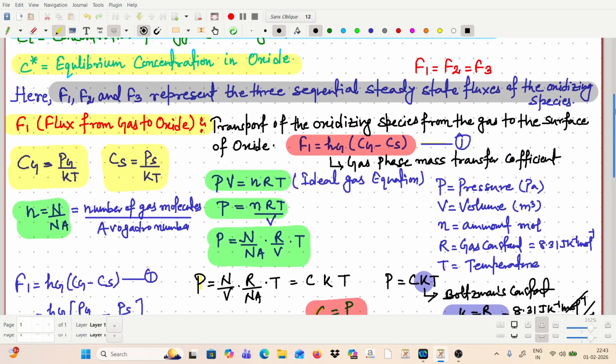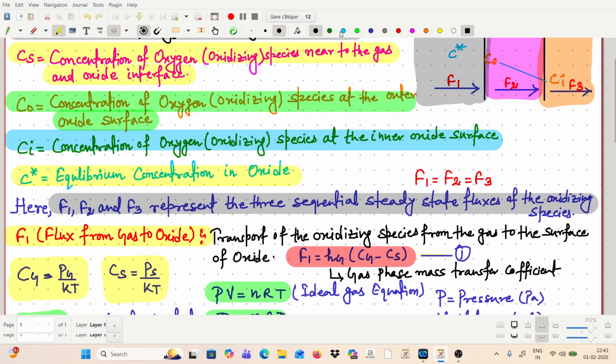So in many books they directly write it like this: the F1 value will be simply H times C star minus C naught.